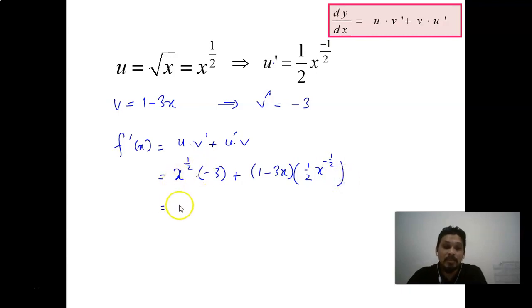Okay, so we simplify this as negative 3 square root of x plus 1 minus 3x multiplied with x to the power of negative half, so it is 1 minus 3x divided by 2 square root of x.